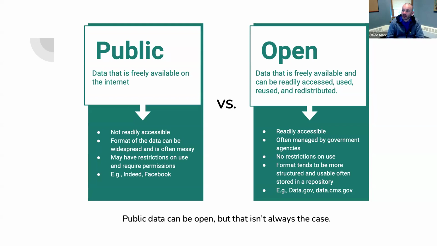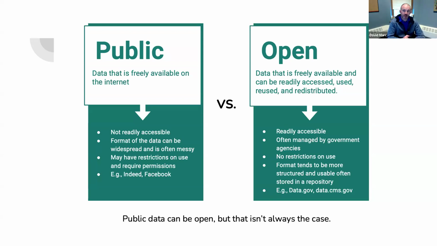That would be a violation of their user agreement. Facebook, there's a lot of data that's online on Facebook that is public, at least some of it is public, but there are restrictions on how you can use that data. So public data, again, it's out there. It's free to access, but maybe not to distribute.